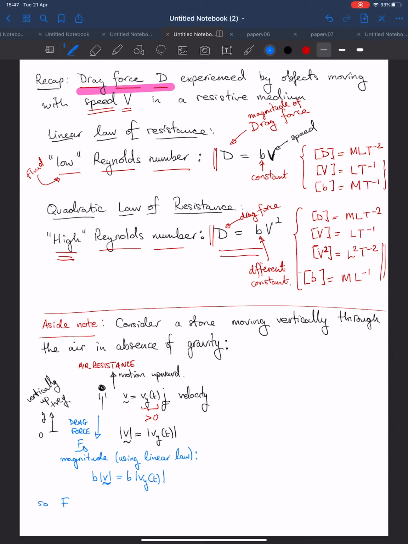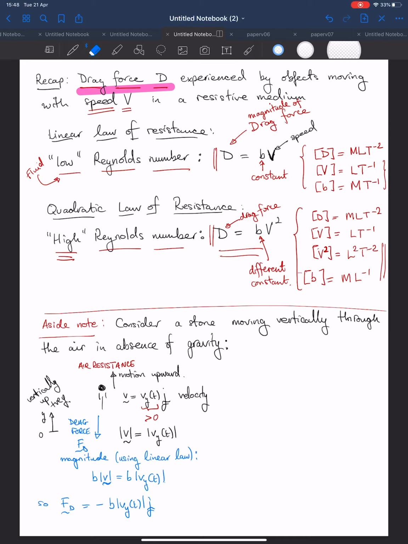So F_d as a result is minus b times v_y j. Now, minus, because as we've done in countless examples beforehand, this force opposes the motion, and in this case, if the object moves upwards, the force acts downwards, the resistive force due to drag.